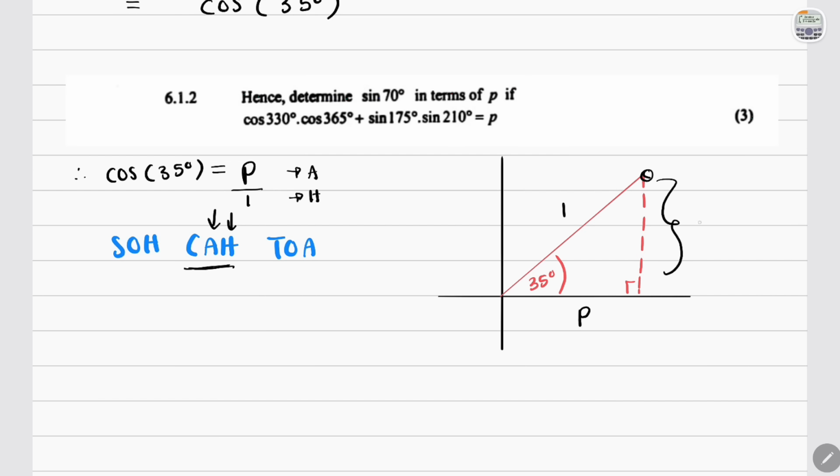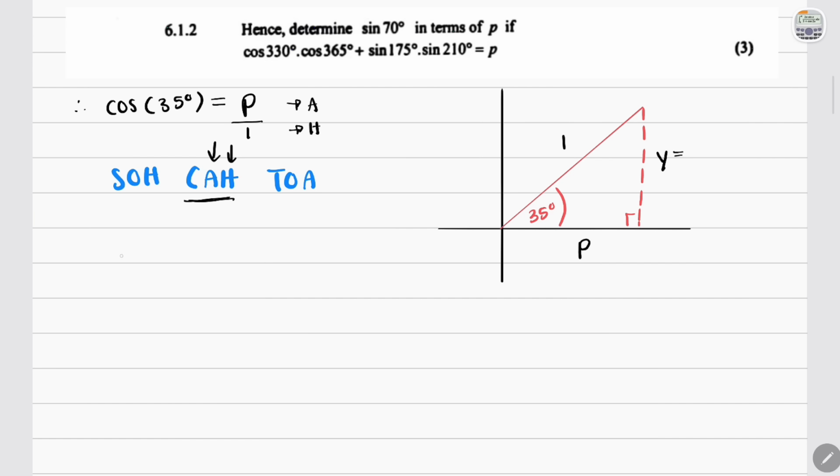That value lines up to a y value, so I'm simply going to call that y, and we have to find that. To find that y value, you use Pythagoras. We're trying to find a shorter side, and the hypotenuse is the longer side. So y squared is equal to the hypotenuse squared minus the other shorter side squared.